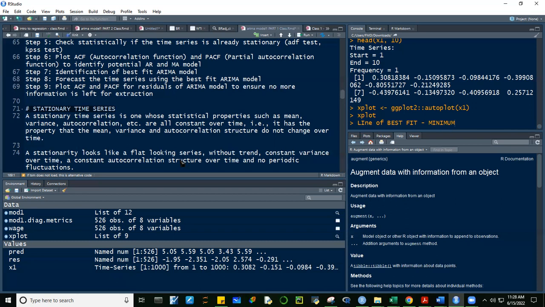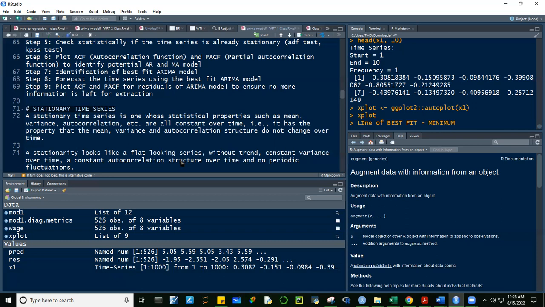The log transformation will not remedy the trend. It will only remedy the non-constant variance, but not the trend. How is the trend remedied? You get the differencing. Sometimes our data can have non-constant variance and can have a trend.